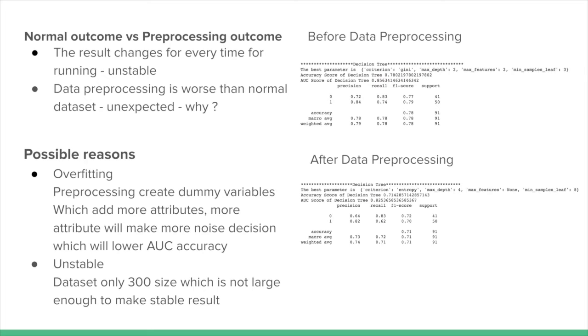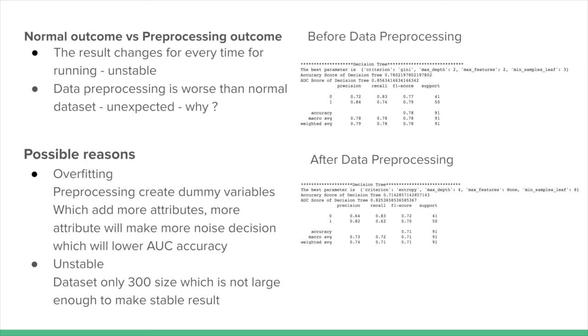We compare the result before data processing and after data processing. And we find some very interesting results. First, every time we run the model, the accuracy always changes. It shows that the model is unstable.